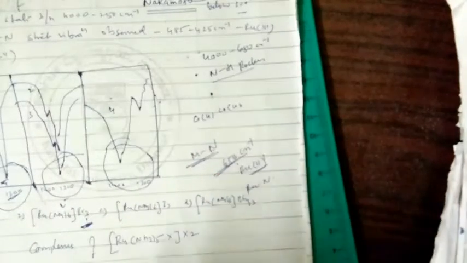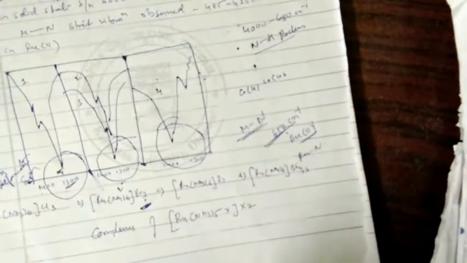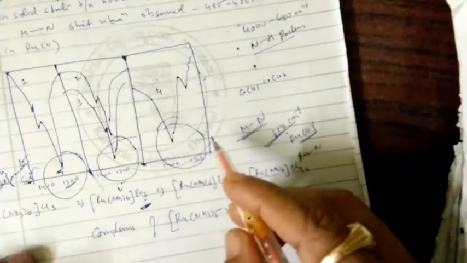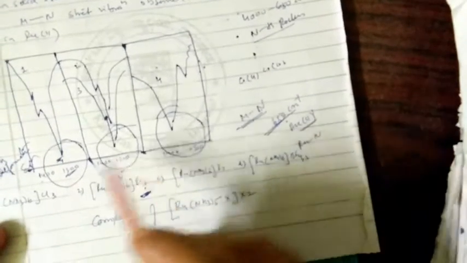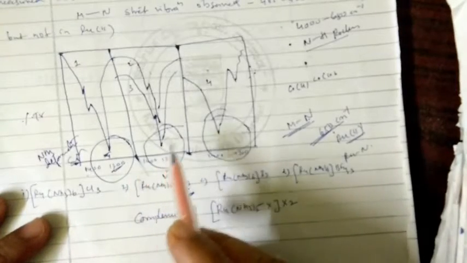This is how IR spectra is very helpful for amine complexes, to determine the difference in the stretching frequencies and to identify the complexes. The corresponding band for ruthenium 2 was not observed here, as we have taken it only up to 250 per centimeter.